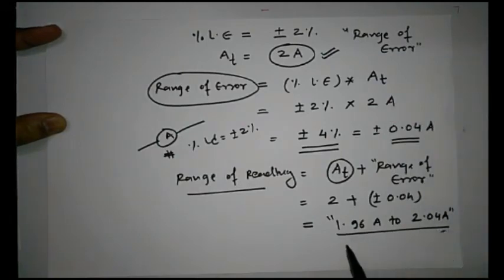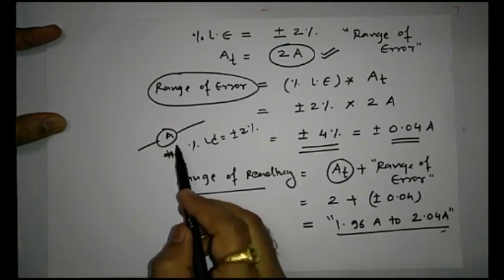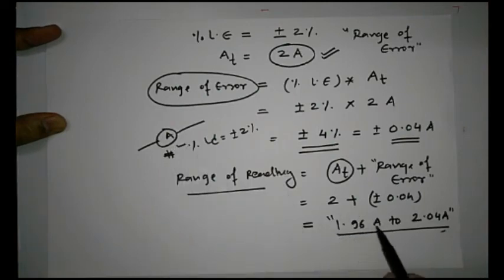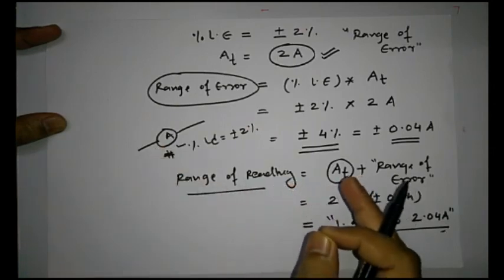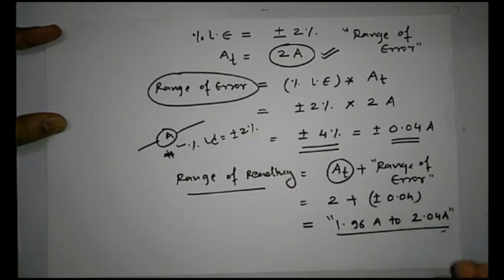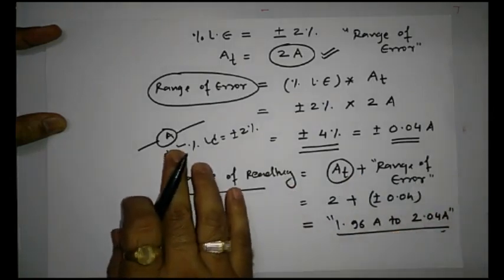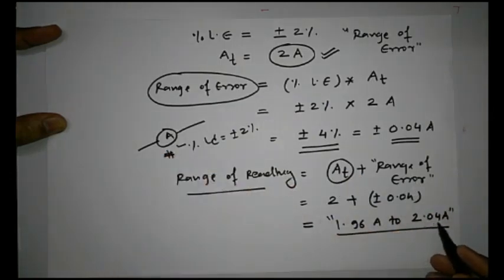That means in some case or sometime this ammeter will indicate the value of circuit current as 1.96 ampere. In some case it will indicate 1.99 ampere, or it may be possible that in some case this ammeter indicates the actual value of circuit current, say 2 ampere, or in some case it will indicate the value of current as 2.01 or 2.02 or 2.03 ampere.